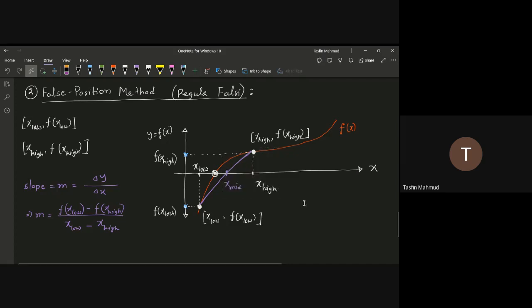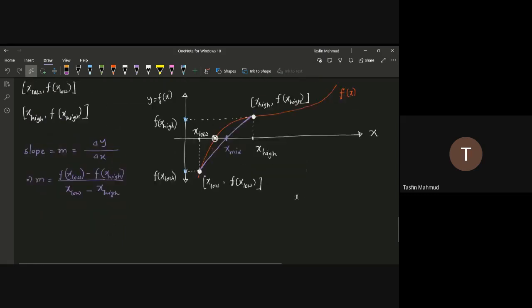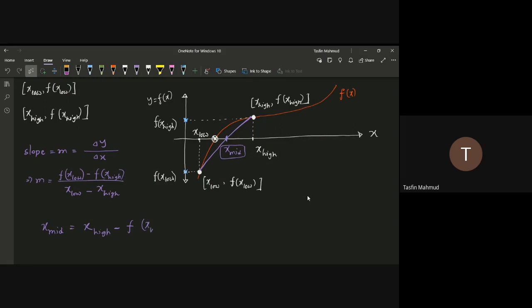If we consider the straight line, the x mid will have this equation: f of x high minus f of x high times the inverse of this slope.